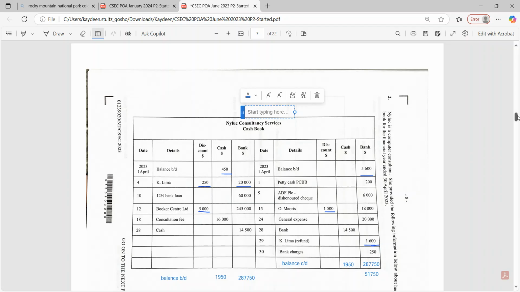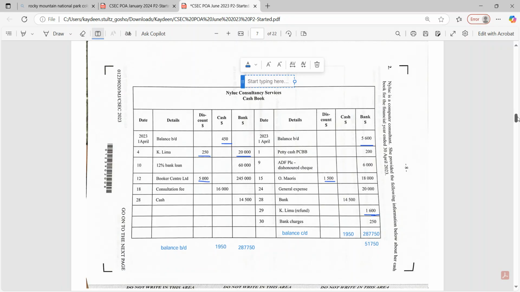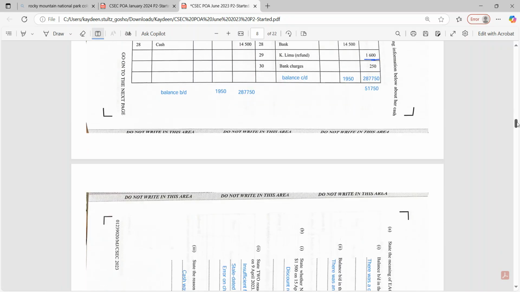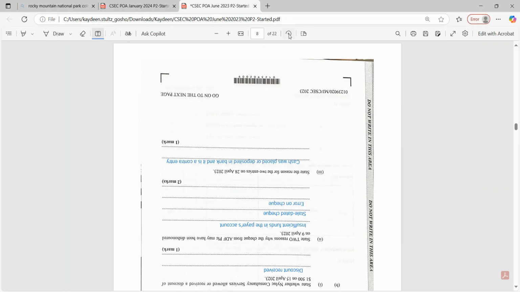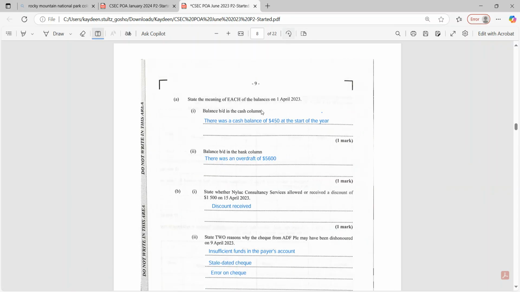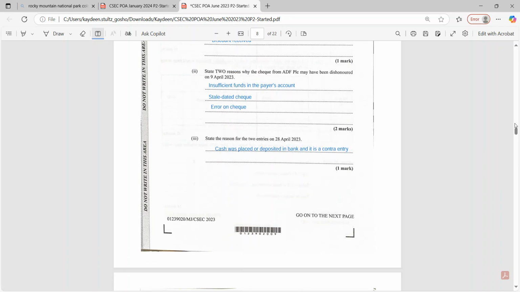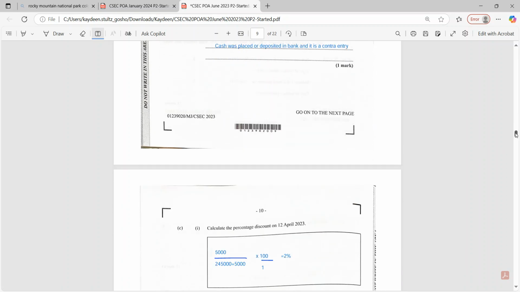So here we see a contra entry, correct? We know that that is when either we take money from the bank and hold it as cash, or we take money from the cash and put it in the bank. All right, so what I said, being that we credited cash and debited bank, I said that cash was placed or deposited in the bank, and this is known as a contra entry.